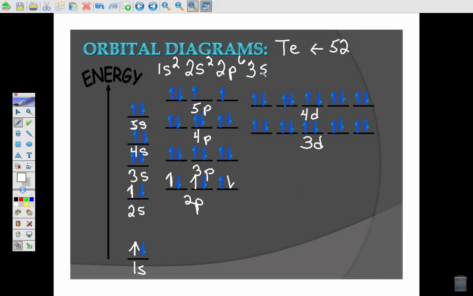And then we went to 3s2, energy level 3, sublevel s, 2 electrons, 3p6, 4s2, 3d10, 5s2, 4d10. And finally we ended up at 5p6, or excuse me, 5p, not 6, but there were only 4. 5p4.